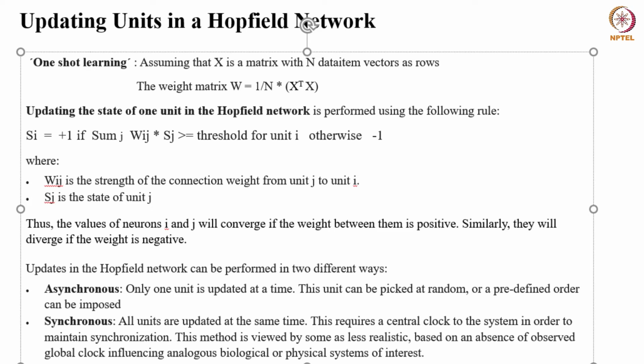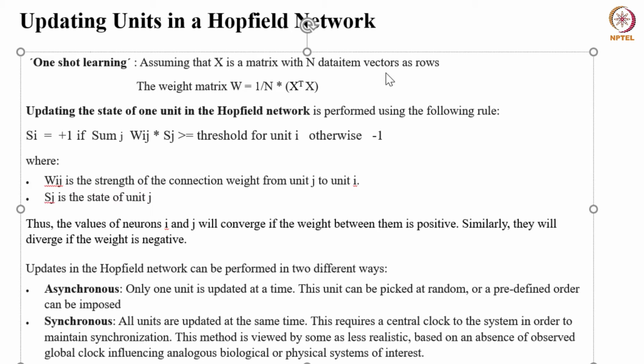Let us now look at the updating of a unit in a Hopfield network. So in a Hopfield network, first of all, we have what one could call one-shot learning. We, in a way, decide how many data items we would consider. Let's say n of those, which corresponds, with the memory terminology, to how many memories we want to store in our associative memory.